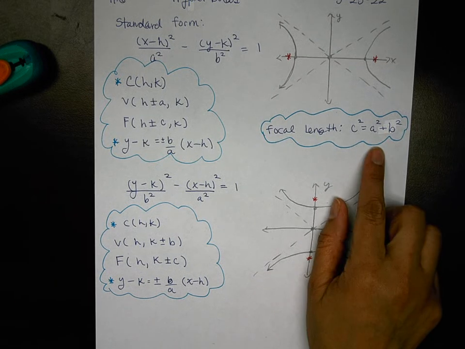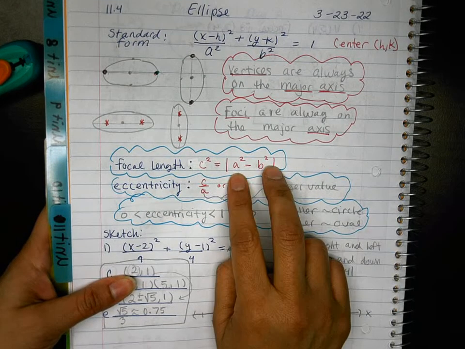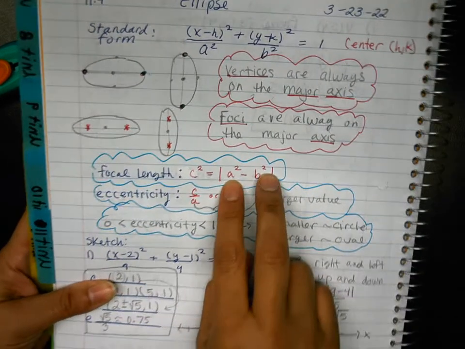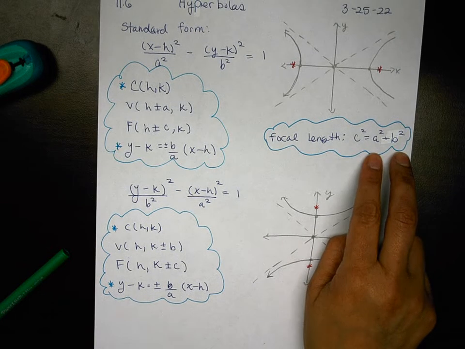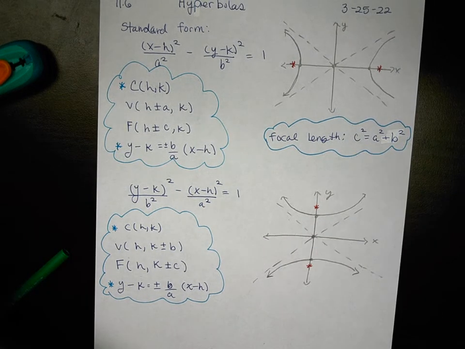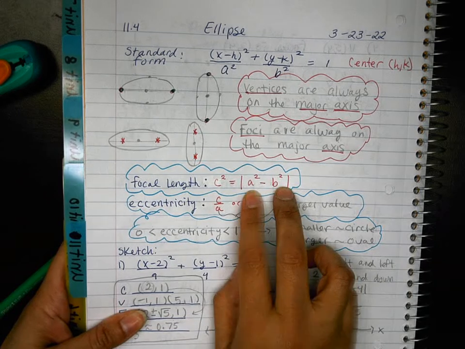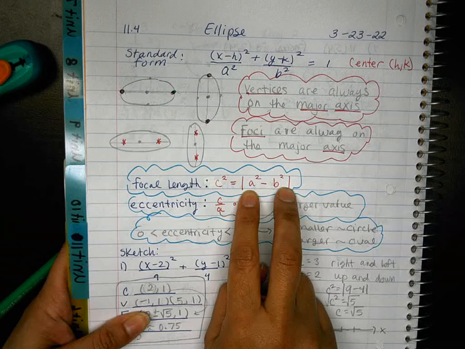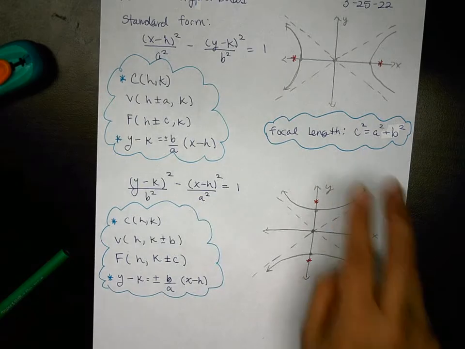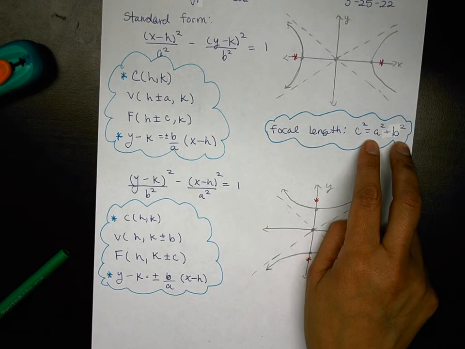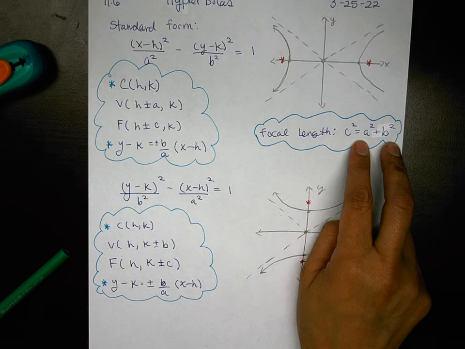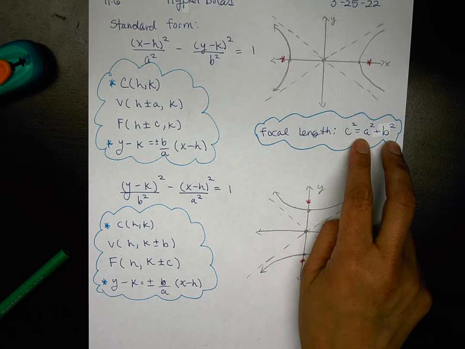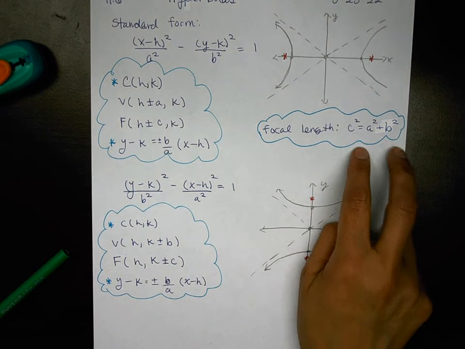Here, I'm subtracting two positive numbers, which means there's a possibility it could come out negative. Here I'm adding two positives. It's never going to come out negative. Do you guys get that? Okay, so I don't need absolute values. Got it? Any questions on the focal length formula?